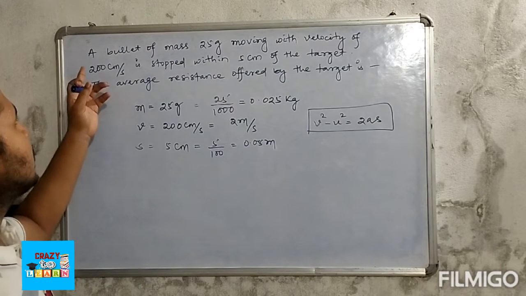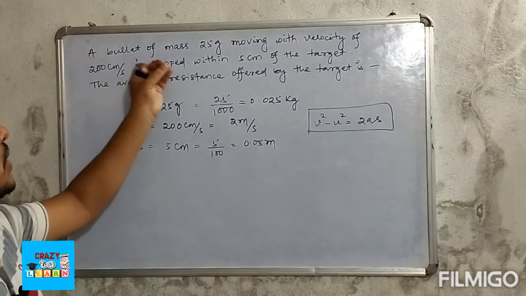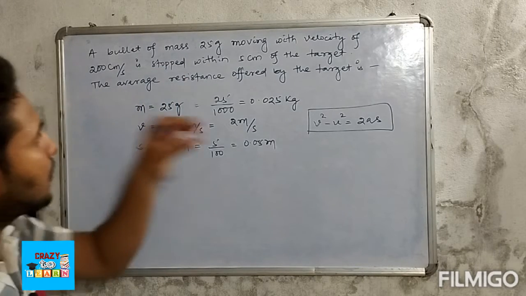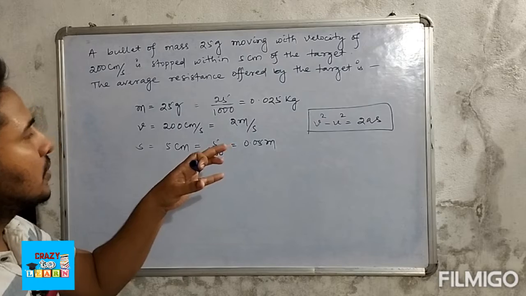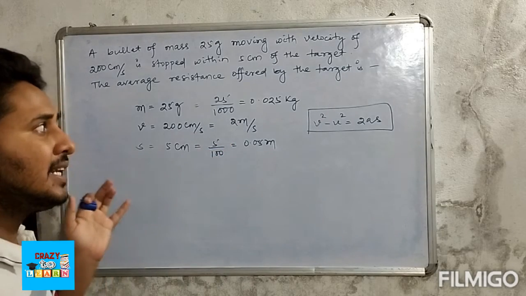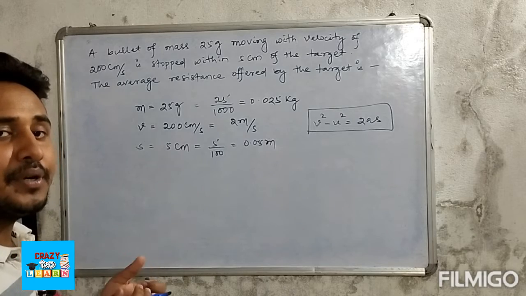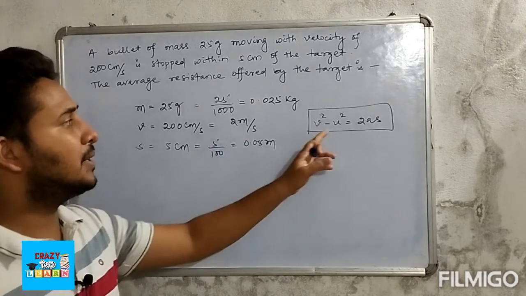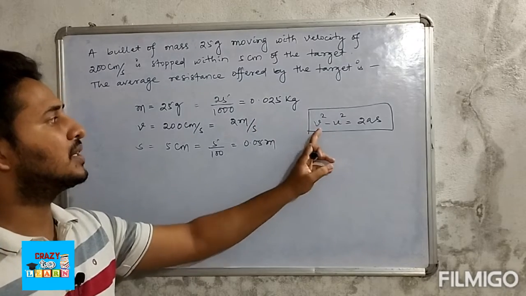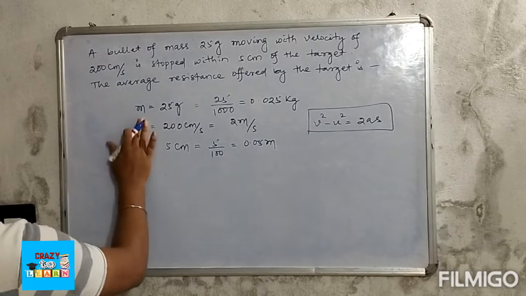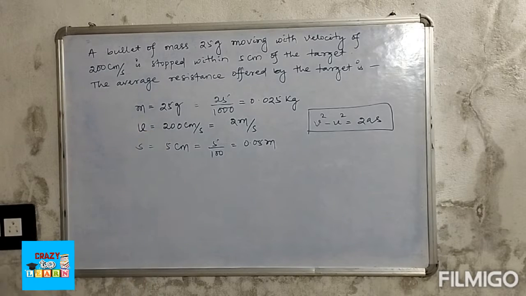So it is asked to you, bullet of mass 25 gram moving with velocity of 200 cm per second is stopped. So that means after moving it is stopped. That means at the initial time period it has some velocity, but after some time it stopped. That means the initial velocity is given to you, but the final velocity is 0. So here this velocity is u, not v.